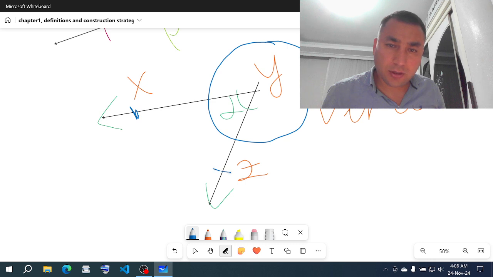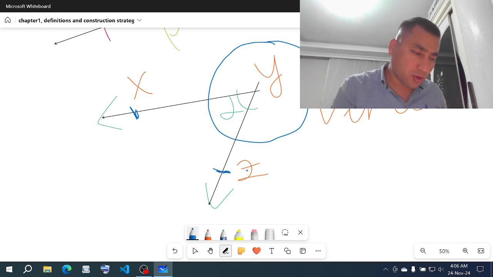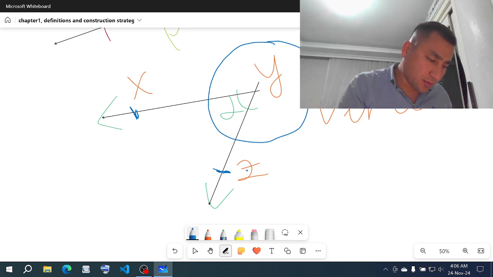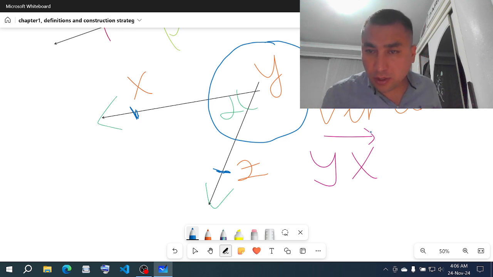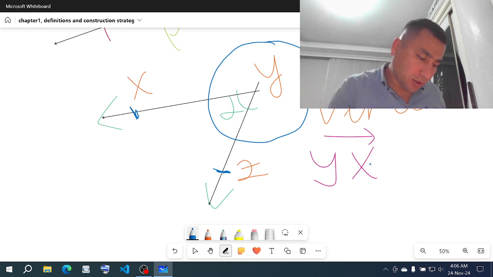Let's make them as a line. So when you show it, you show it like this. So y to x, but on the top you have an arrow. So from y to x and from y to z as well.